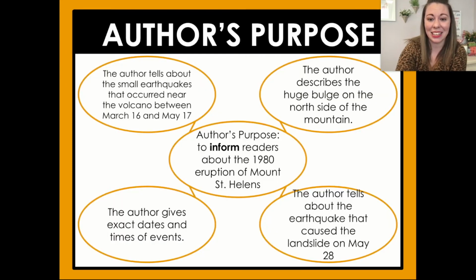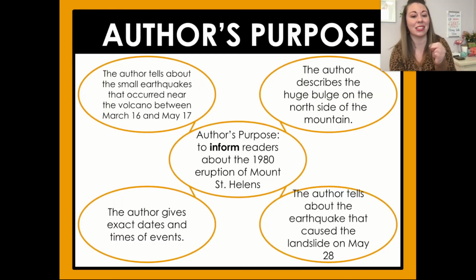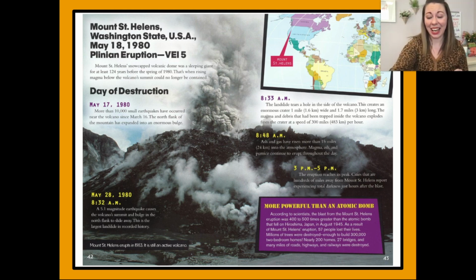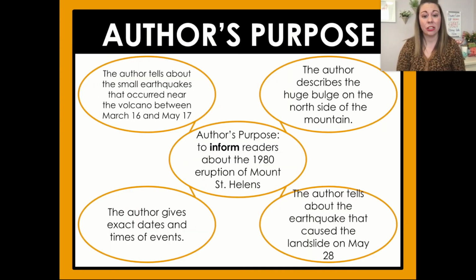And the last thing that we could say is that the author gives the exact dates and times of events. So again, if we look back, everything has the date and the time, 8:32 a.m. or 8:33 a.m. It's giving us the exact time that things are happening. So the author is telling us in very specific detail about this eruption of Mount St.